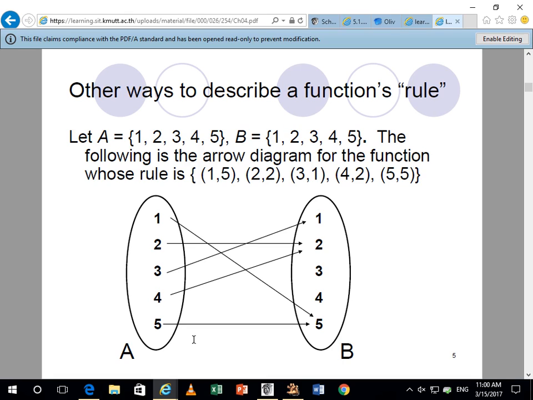Note that it's possible to map different elements to the same output. That's not a problem. But each input maps to only one output, and only one output. Okay? So these are different ways to describe a function's rule.